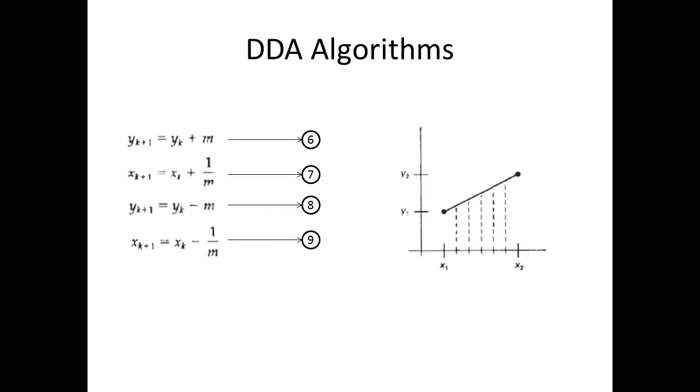If the start endpoint is at the right, set delta x = −1 and obtain y positions from equation 8. Similarly, when the absolute value of a negative slope is greater than 1, use delta y = −1 and equation 9, or use delta y = 1 and equation 7.